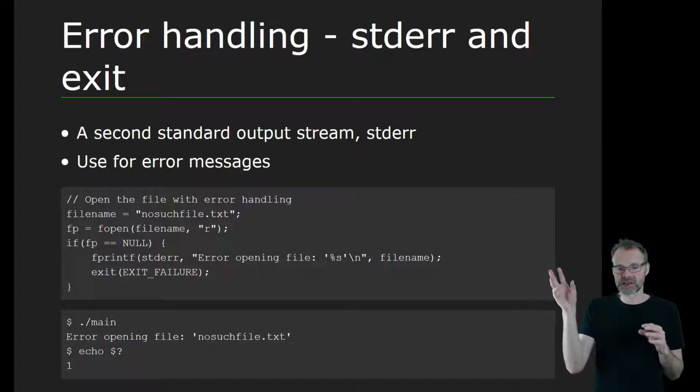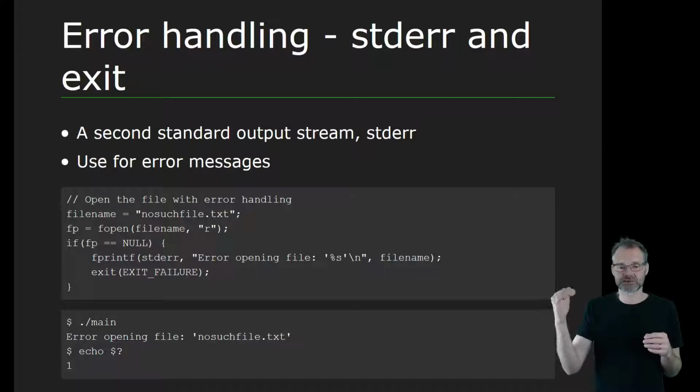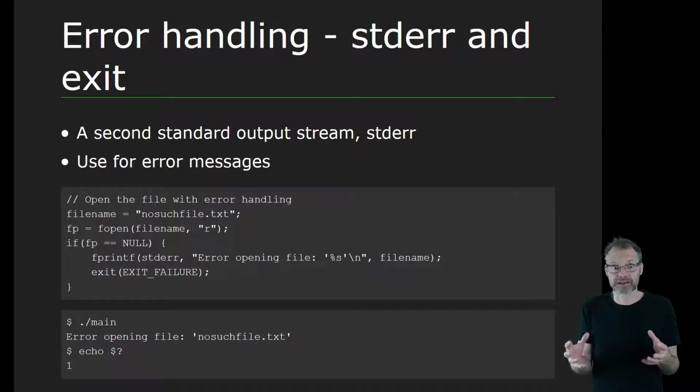And then I'm going to use fprintf, so formatted printf, to the standard error file, as you see. Then I can print an error message, adding exactly the file I was trying to open. So give the user a very verbose error message to let him know this happened.